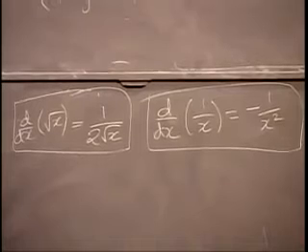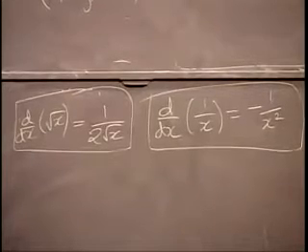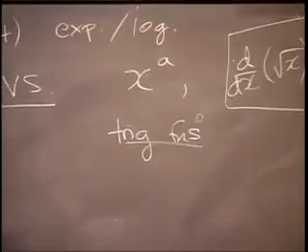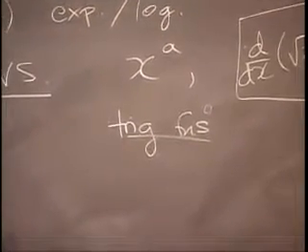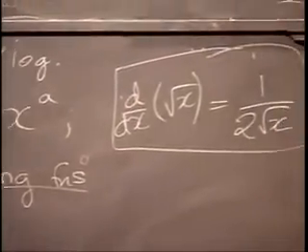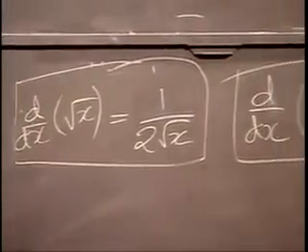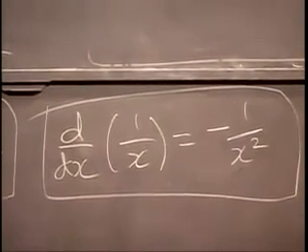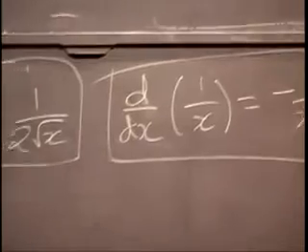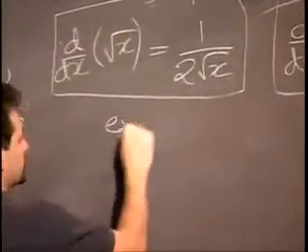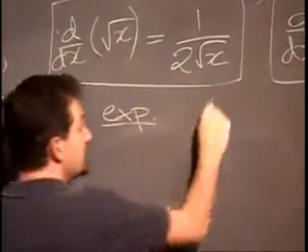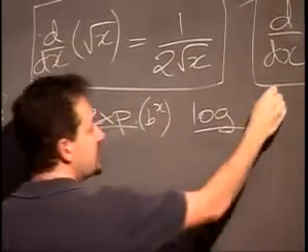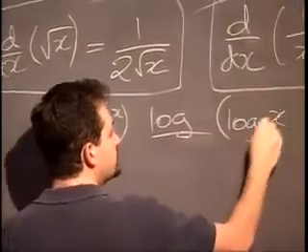Okay, you need to know the derivatives of the trig functions. Sine, cosine, tan. They're all in the book. I'm not going to write them up. Make sure you know the 6 trig functions. Don't forget secant, cosecant, and cotangent. You also have to know the derivative of exponentials, which I wrote up earlier today, and logs. And don't forget b to the x as well as e to the x, and don't forget log x base b.